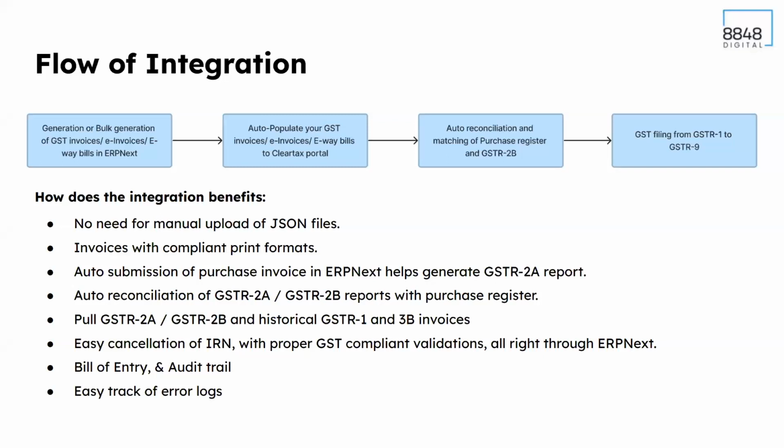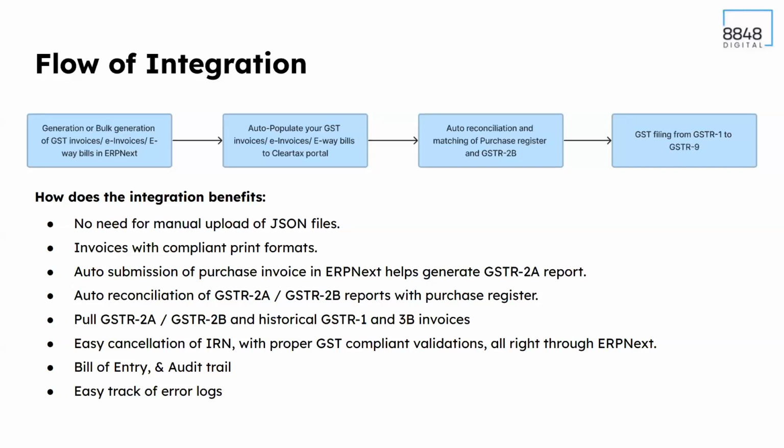Then the Cleartax portal takes care of your reconciliation of your 2A and 2B, which is one of the magnanimous tasks that any enterprise faces. The auto reconciliation is an AI-automated tool that Cleartax provides you, with some fuzzy logic, but it gives you an exact result, and it skips all of your manual tasks.